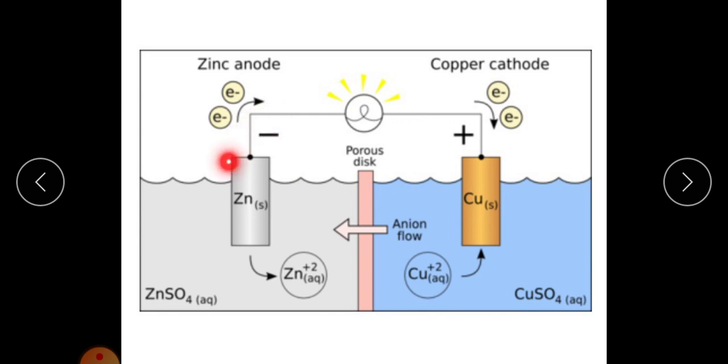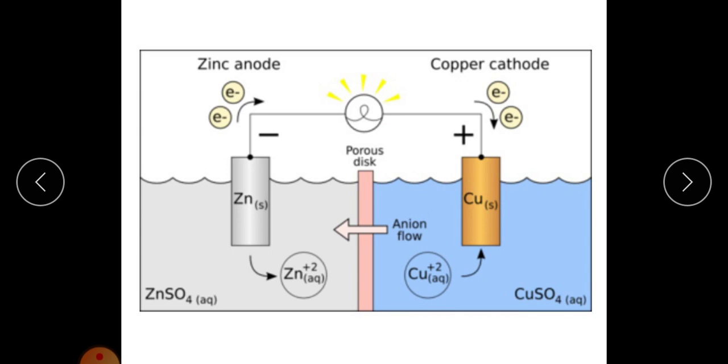Now the Zn electrode is dipped in its own solution, zinc sulfate, and the copper electrode is dipped in its own solution, copper sulfate. At the Zn electrode oxidation occurs, meaning a loss of two electrons, and these electrons are accepted by the copper. At the copper electrode reduction occurs.